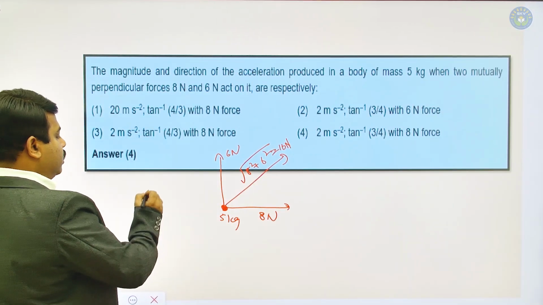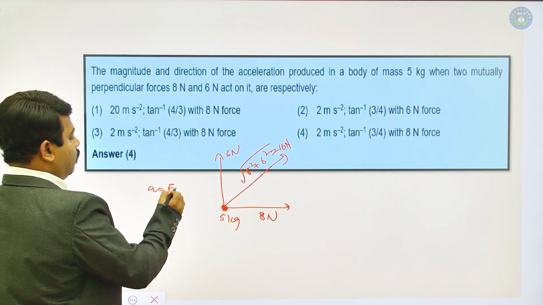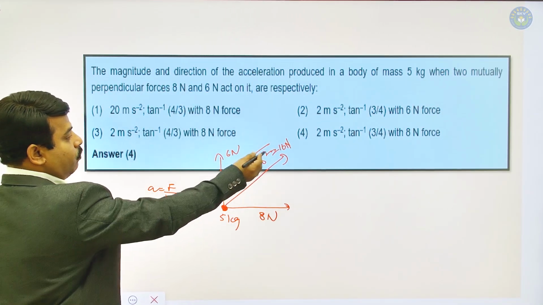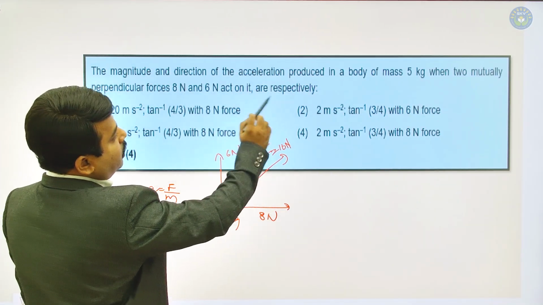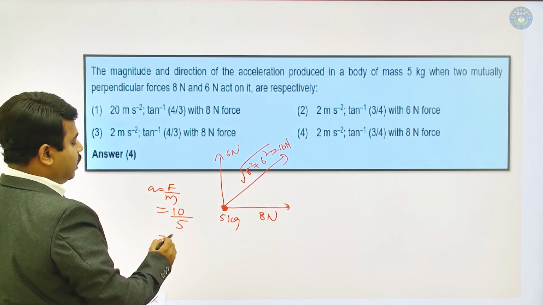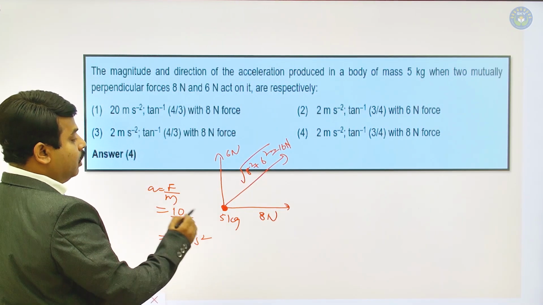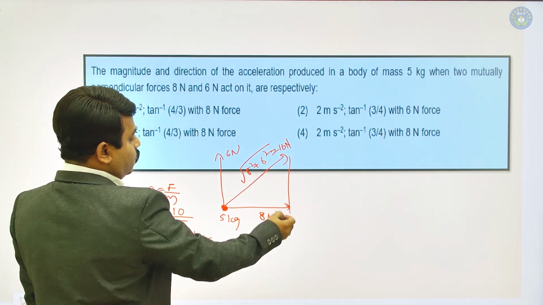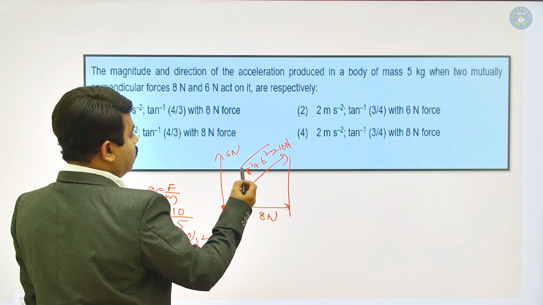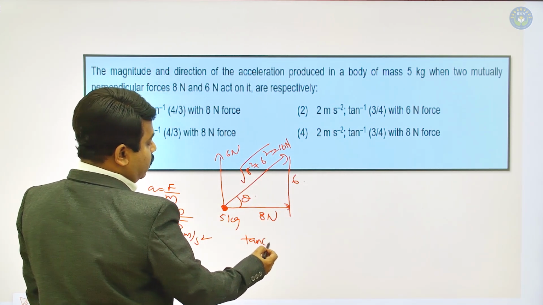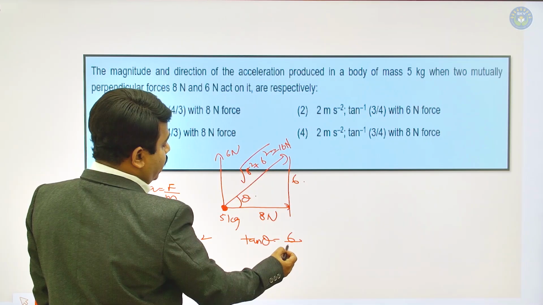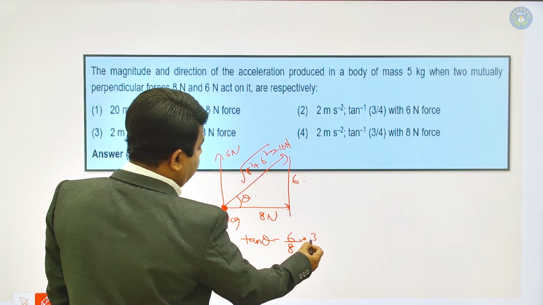Then what is the acceleration of the body? Total force divided by mass. Total force is 10, mass is given in the question, that is 5 kg. Then acceleration is 2 meter per second square. Now suppose this triangle angle theta and this force also 6, then what is tan theta? Tan theta is equal to 6 by 8, that is 3 by 4.